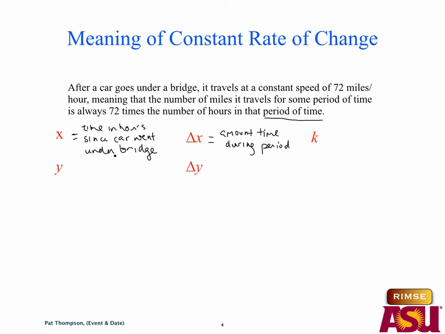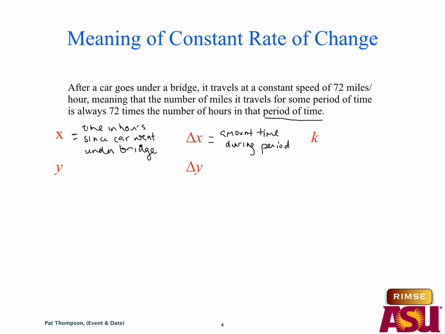I'm just confused by the concept. So if time since the car went under the bridge was an hour, 2 hours. Yep. The change in time, the amount of time during a period, doesn't necessarily have to be from when the bridge.